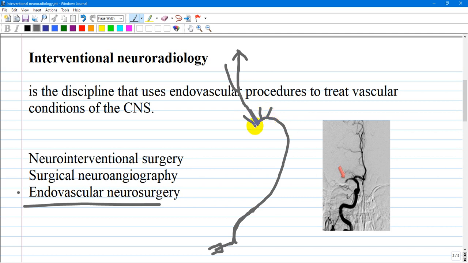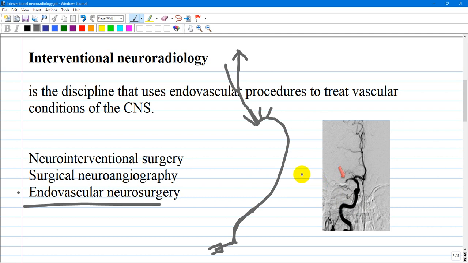One of interest to us is the common carotid artery, which divides into internal and external. We go through the internal, and we are in the circle of Willis in the brain, and can have access by introducing contrast and going right to the side of the brain we need.